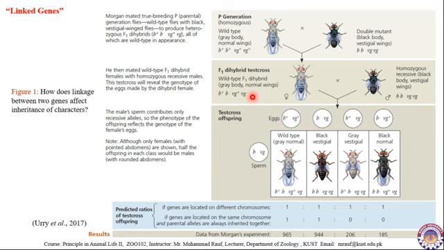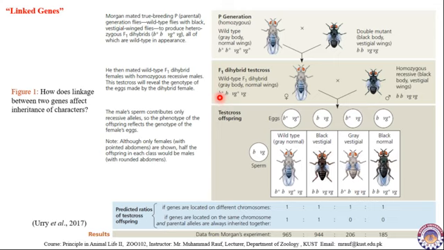So the results of the test cross were these. These are homozygous recessive, so only one type of sperm will be produced, and these are heterozygous dominant, so here different combinations are possible.